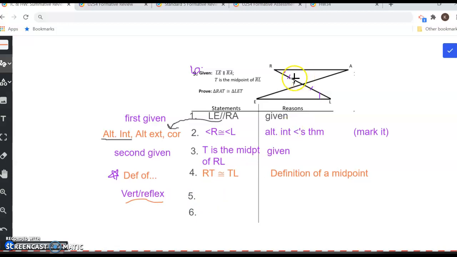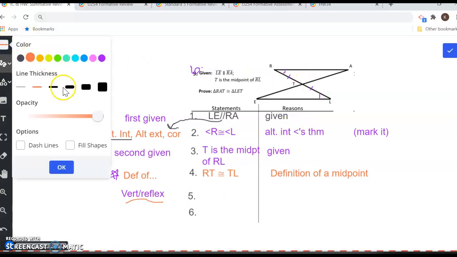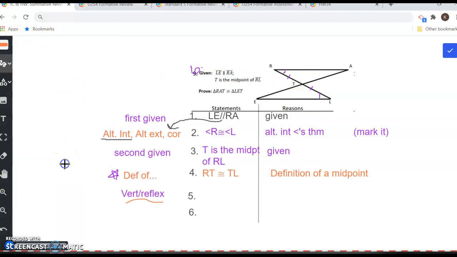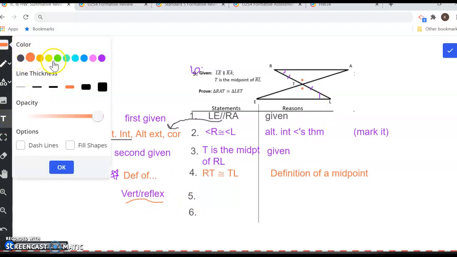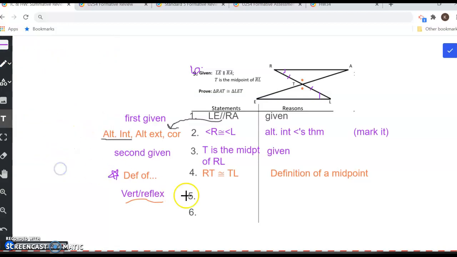And those vertical angles are going to be the angles at T. So some of you like to just put a dot here if you're going to mark them, and then use those 3 letters. So I'm going to practice using those 3 letters again. We haven't done that for a while. So we'll go angle RTA is congruent to angle LTE.